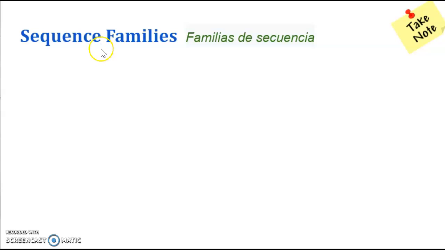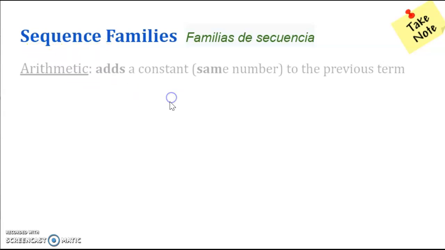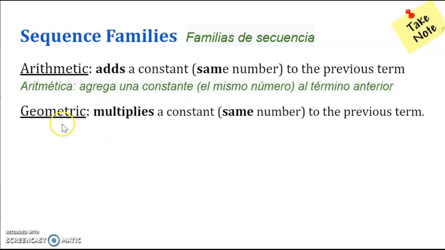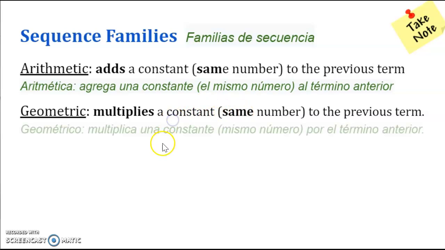Now let's talk about classifying sequences. A sequence can be classified as arithmetic if the rule is that you are adding a constant, that means the same number, to the previous term. While it's geometric if you are multiplying a constant, that means the same number, to the previous term.